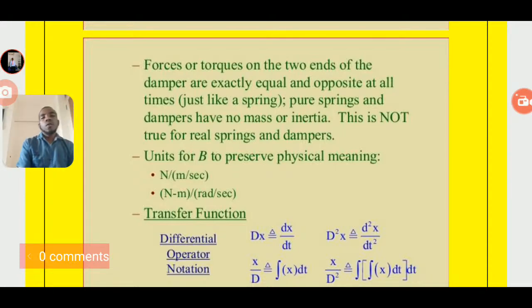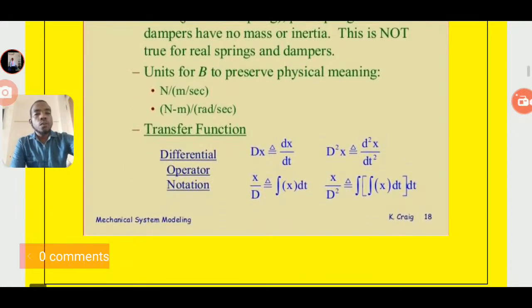This is the unit for B, which is nothing but the damper, and we can also represent it as f_v. Like this, we can say the units for these types of elements.